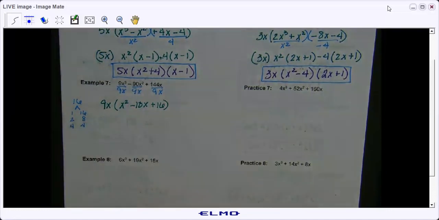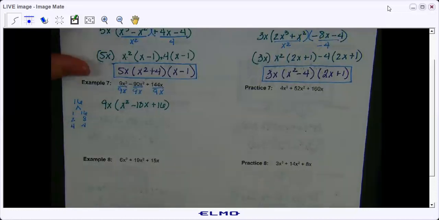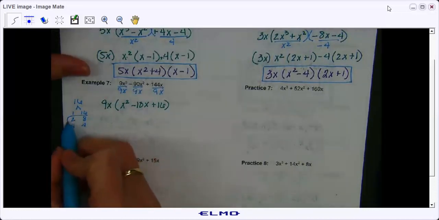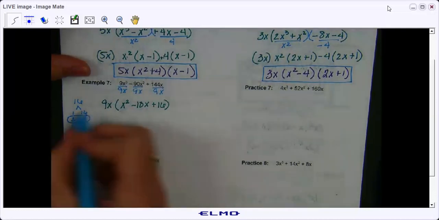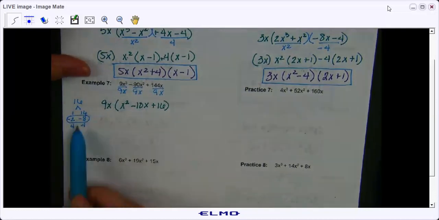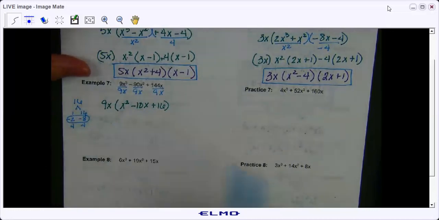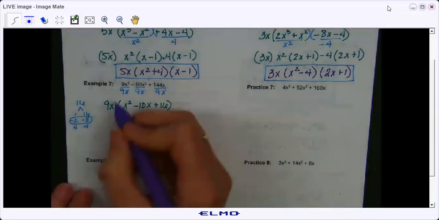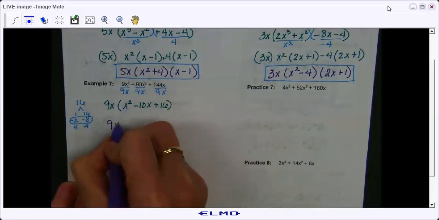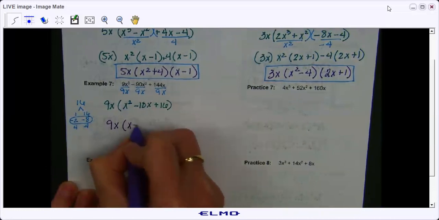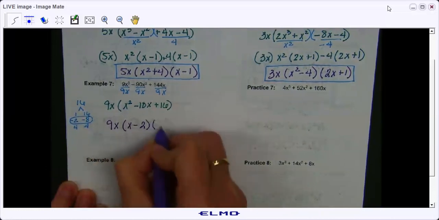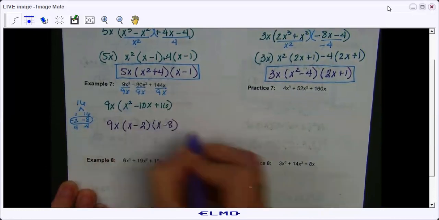It looks like the only one that I can see is going to be the 2 and the 8. And they both have to be negative. So negative 2 times negative 8 is a positive 16. Negative 2 plus a negative 8 is a negative 10. Okay. So our answer is 9x times x minus 2 times x minus 8.